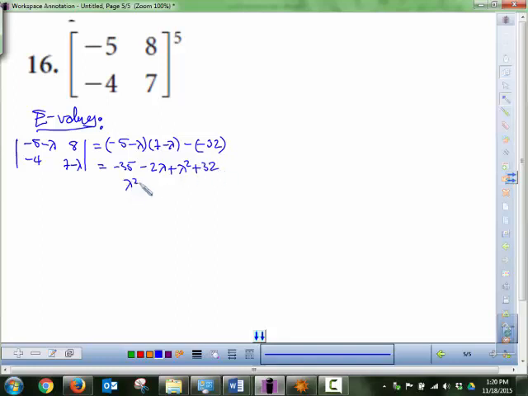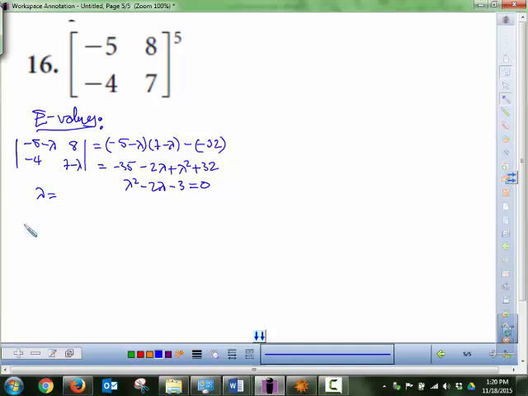So lambda squared minus 2 lambda minus 3. This is very close to the other one we had. I think lambda is equal to, we'll have a minus 3, so that's positive 3 and negative 1.